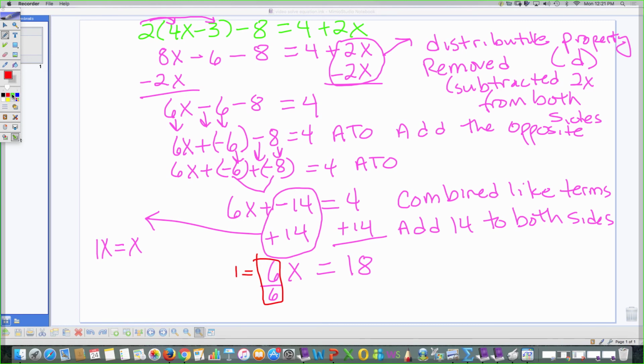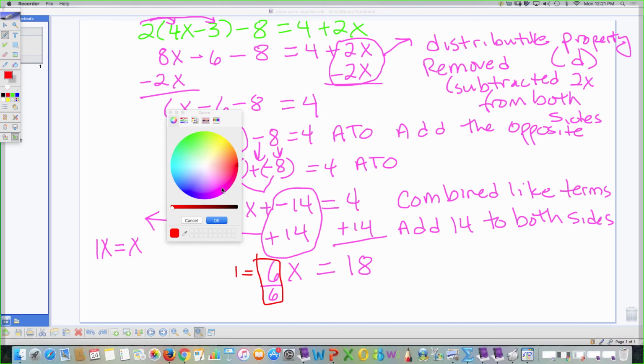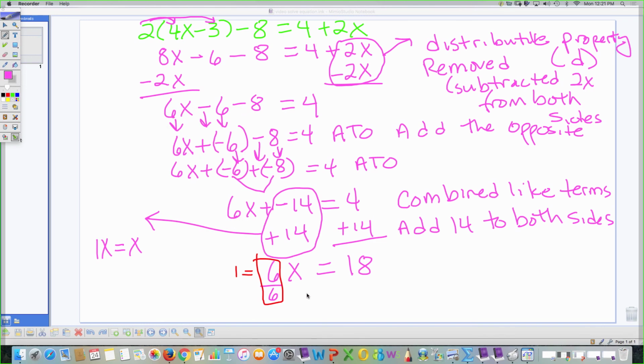That equals 1. Okay, and then let's get back to that hot pink here. If I divided by 6 over here, I have to divide by 6 over here. So we could just write it. We divided both sides by 6.